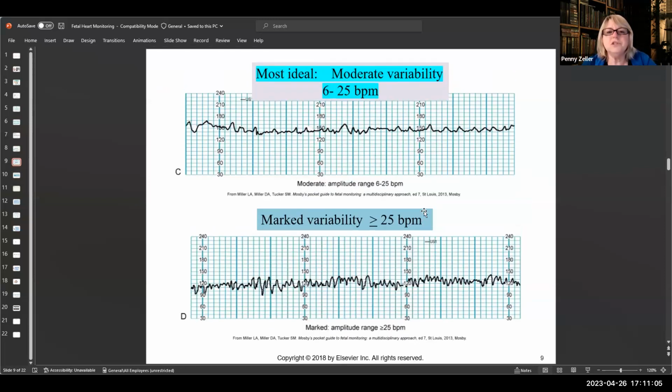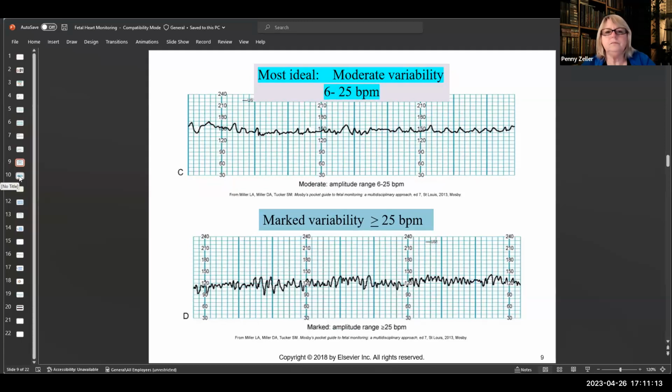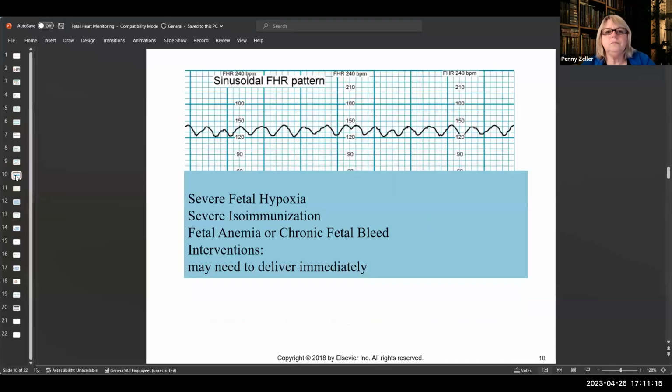And then the one below is marked variability. Something's going on with this baby. It's probably a heart problem. Then the sinusoidal pattern is just a sinus-type rate. It's always the same. You'll see this when your baby is hypoxic. In other words, the fetal tissues don't have any oxygen.